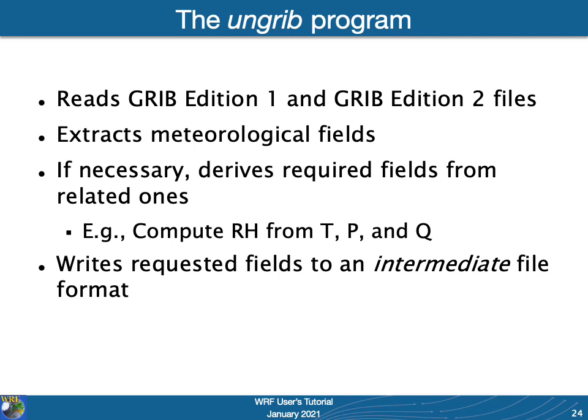The Ungrib program is capable of doing some very basic derivations. For example, it can compute relative humidity from temperature, pressure, and specific humidity. But essentially, it's just a program that pulls out fields from GRIB files and writes them to what we call intermediate files.